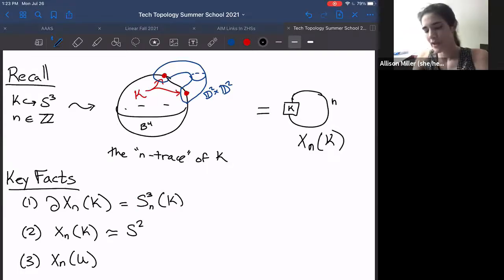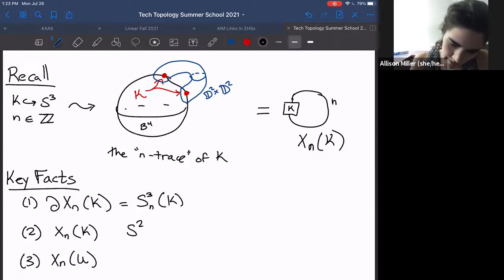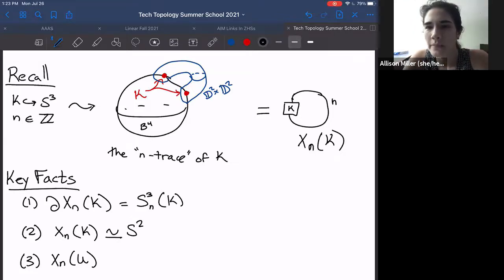And you can sort of imagine seeing the cone on the knot sitting in the four ball and the core of the two handle sitting in the two handle. That's really the S2 that it's homotopy equivalent to. And then finally, that's sort of ambiguous looking thing. Let me make it very homotopy looking and not homeomorphic looking.